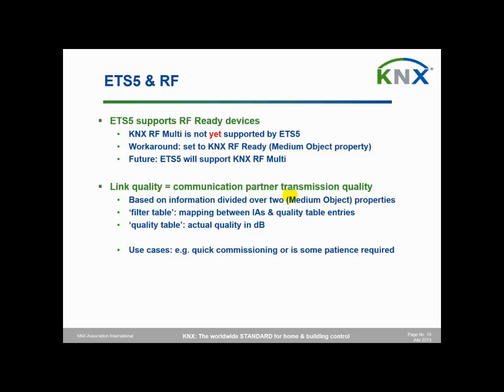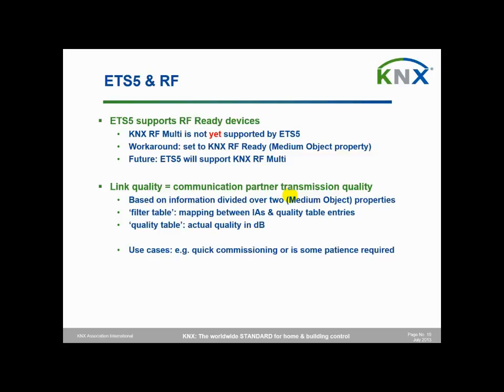ETS5 supports RF ready devices. That's the current situation, but KNX RF multi-devices as such are not yet supported; they will be supported in the future. But even now this is not really a problem, because there's a workaround. The workaround is simply to set the KNX RF devices via the medium object property.